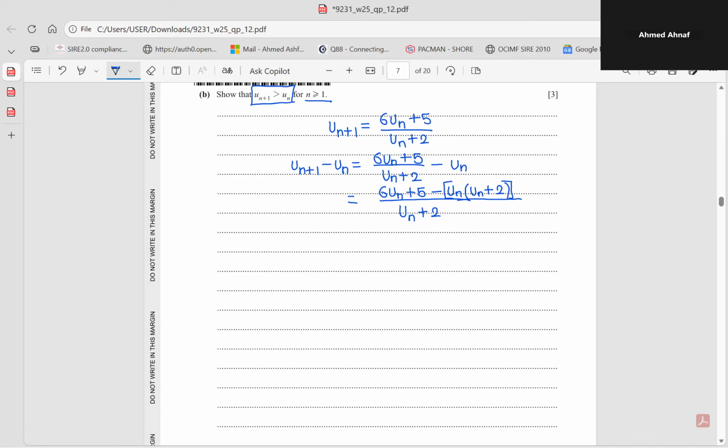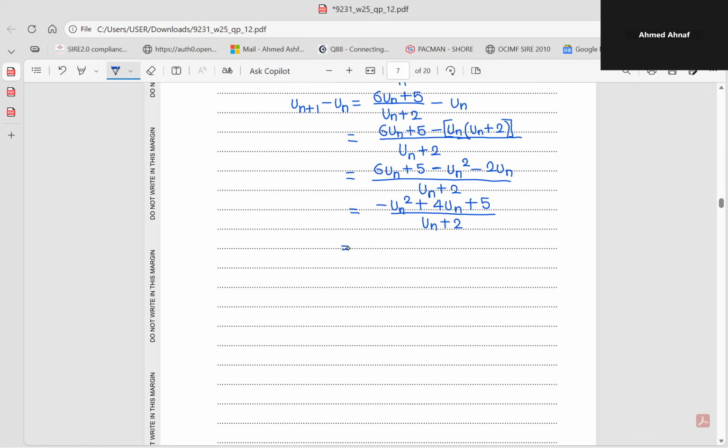So 6un plus 5 minus un squared minus 2un over un plus 2. So this is minus un squared, 6un minus 2un, that's plus 4un plus 5 over un plus 2.